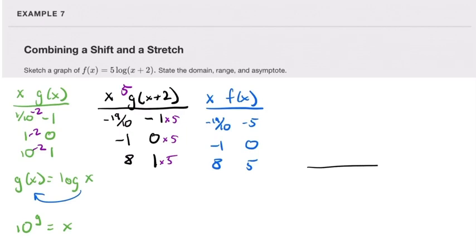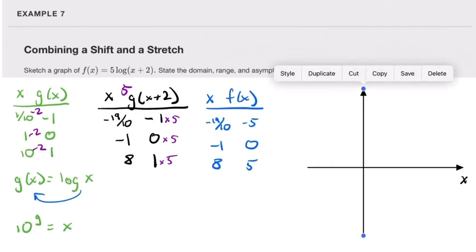Say this is my positive x in this direction. I'm going to move the origin slightly to the right since we moved our graph left by 2. That's like -2 almost, so about there.